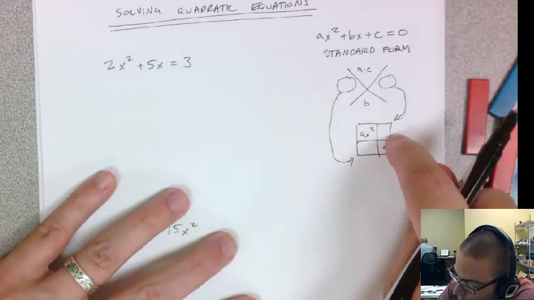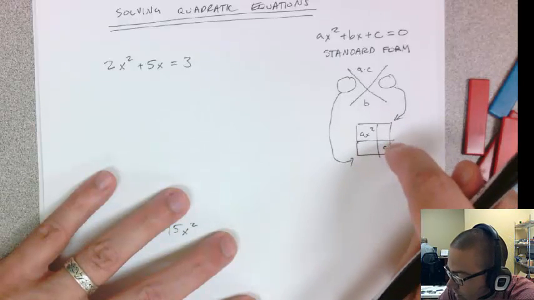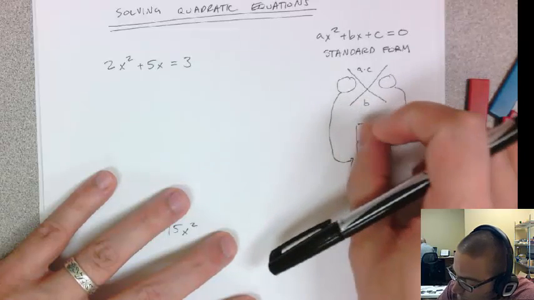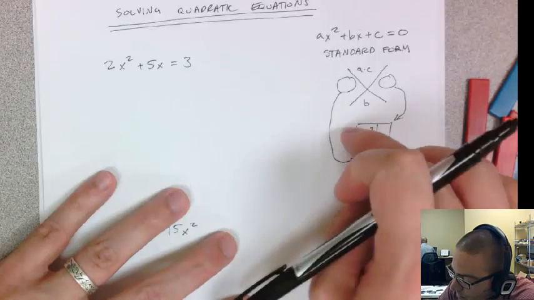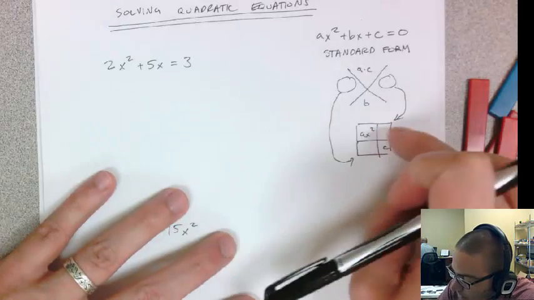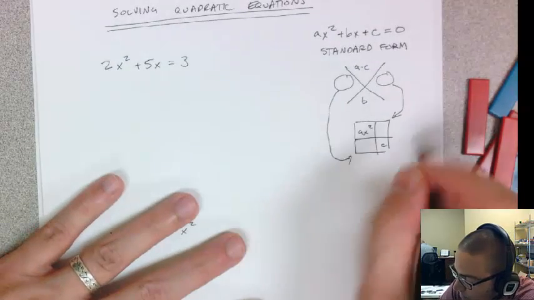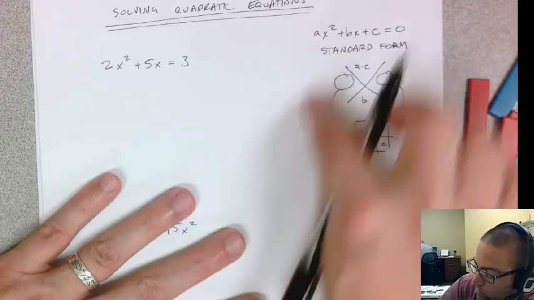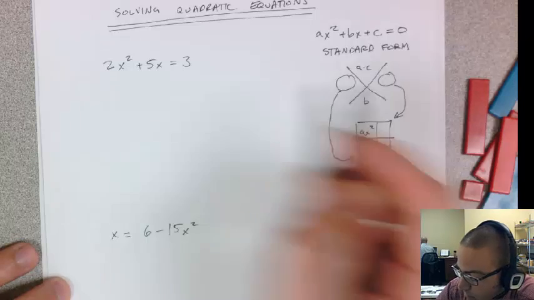And then I will find my greatest common factor of these two terms and the greatest common factor of these two terms, which should multiply out to be ax squared. And then I say, well, what do I multiply this times to get that? I'll go through the whole process on this example in a second, but I just wanted to get this picture going of the process that we do to factor these quadratic equations.